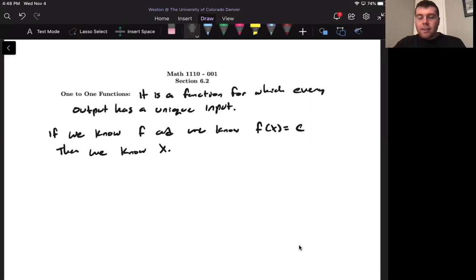So essentially, if we know what function we're working with and we know the output, then we know what was put in.